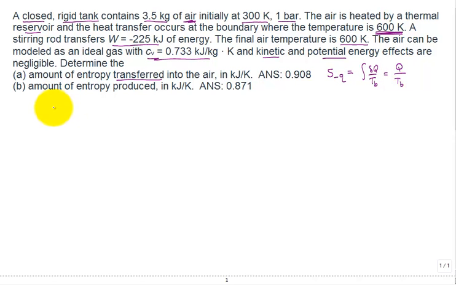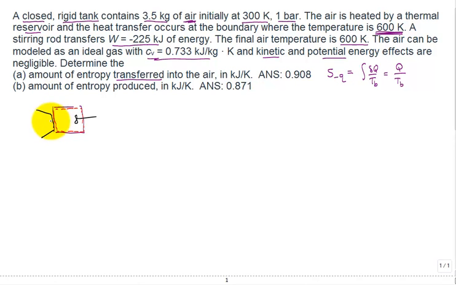So we could make a sketch like this. This would be a rigid tank. The focus of the study is the air in it. We have a stirring rod or paddle wheel that stirs it up, transferring energy by work into it. And then we also have a thermal reservoir. We could put it right here in contact, and there's a heat transfer.